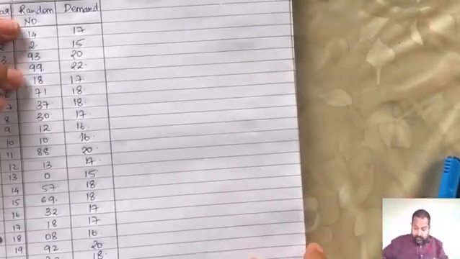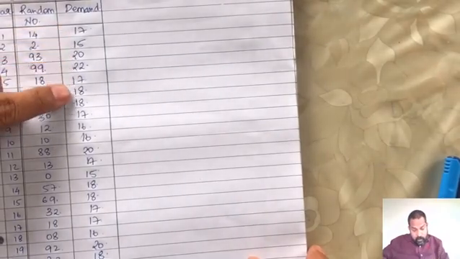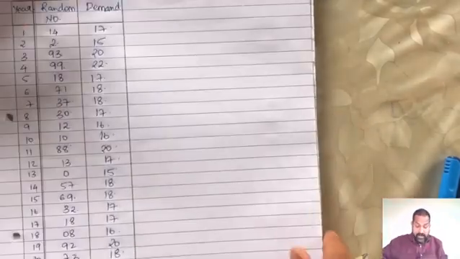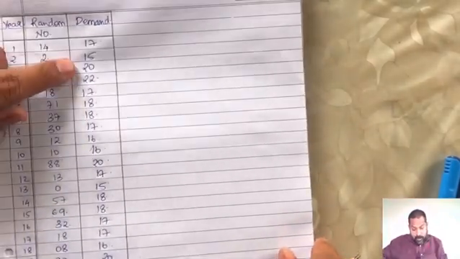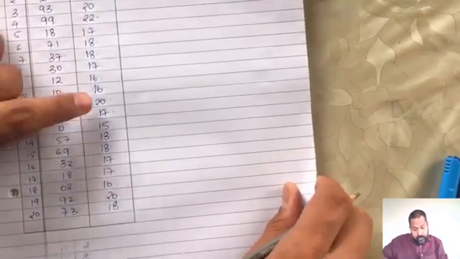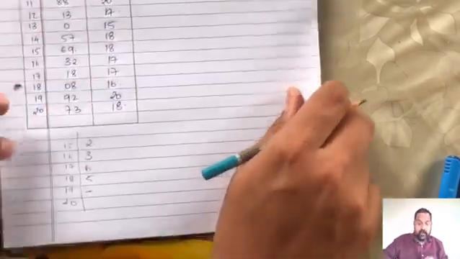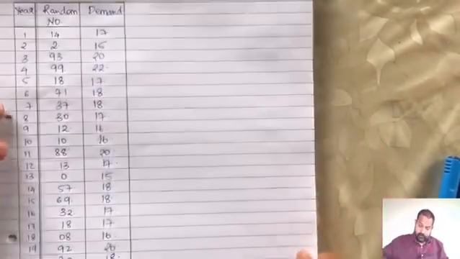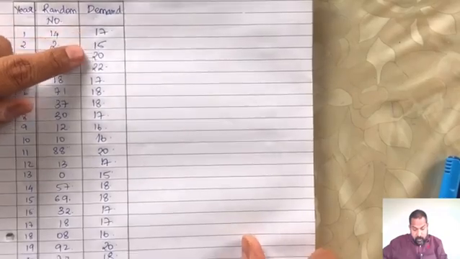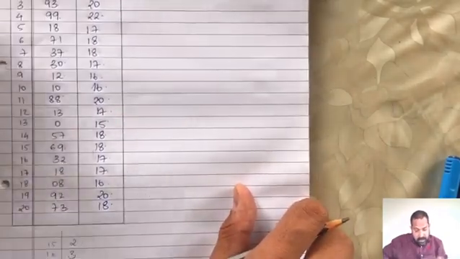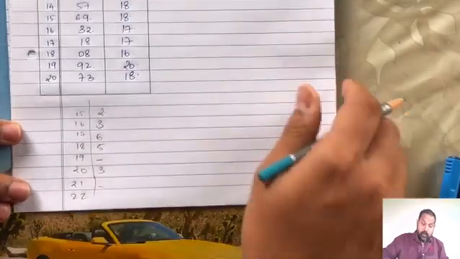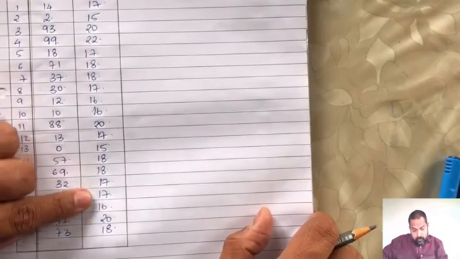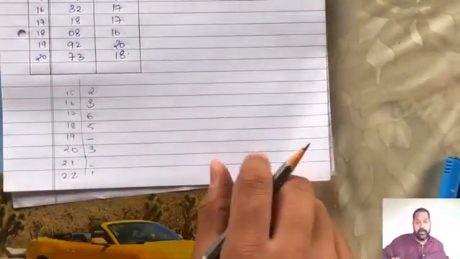How many 19s? Well, no 19. How many 20s? There is 1, 2, 3 20s. Am I right? Yes. 21, 22. How many 21s? I don't see any 21. How many 22s? 1. That's it.